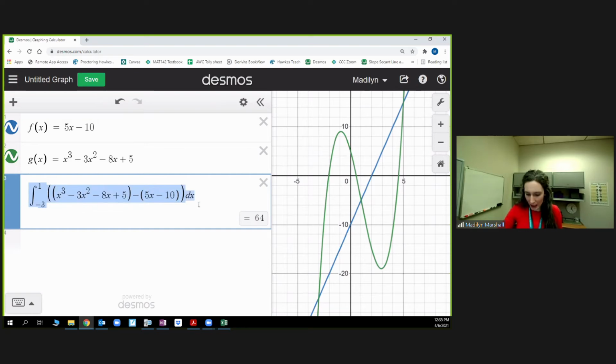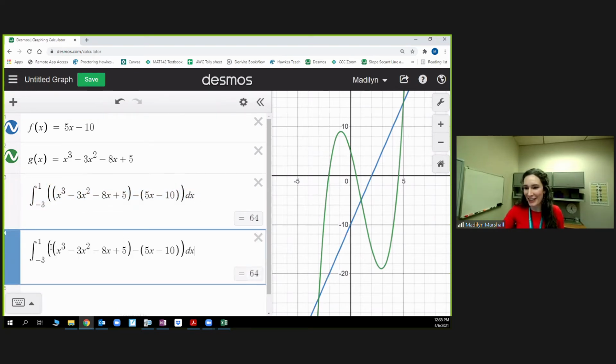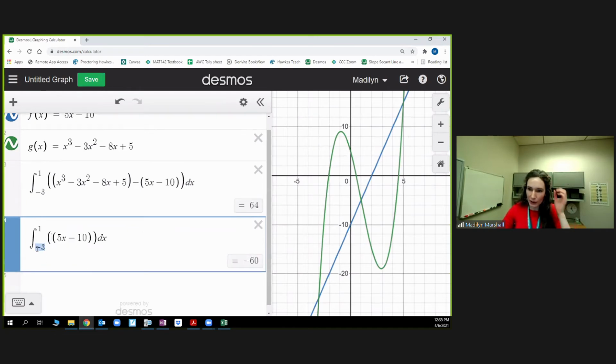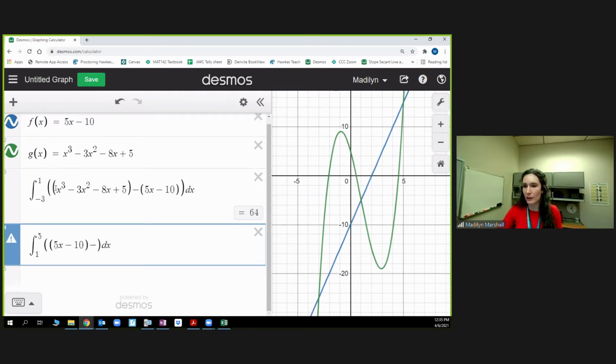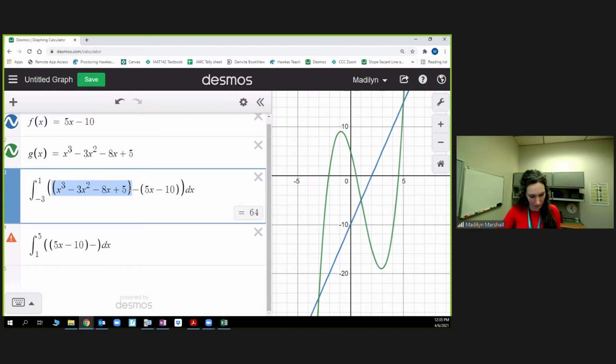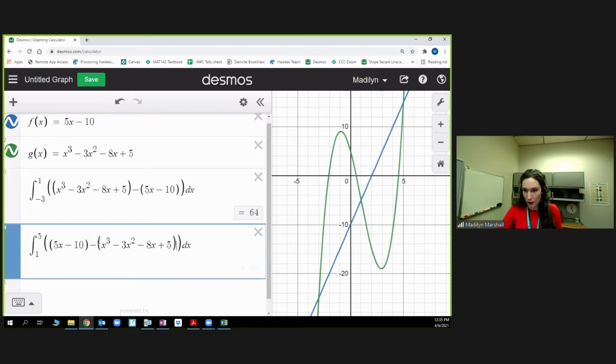So then to find A2, I'm just gonna rearrange some things in here. So A2 started at 1 and went up to 5. And it's actually F minus, oops, G, and we did get 64 again.